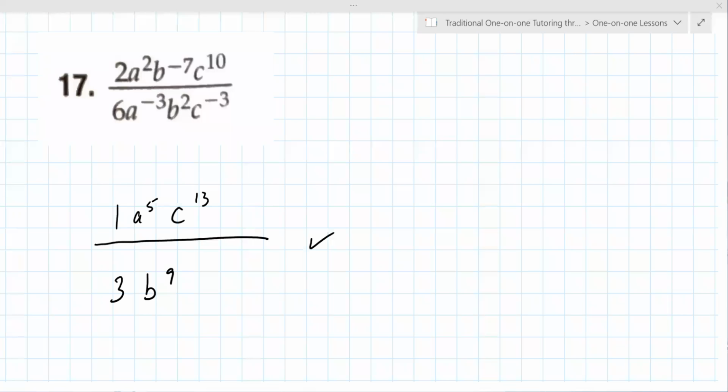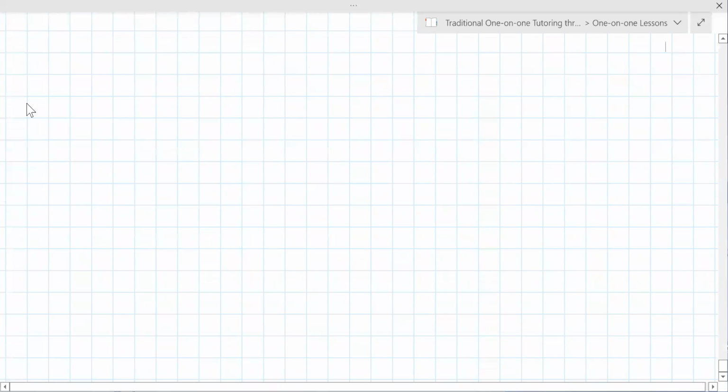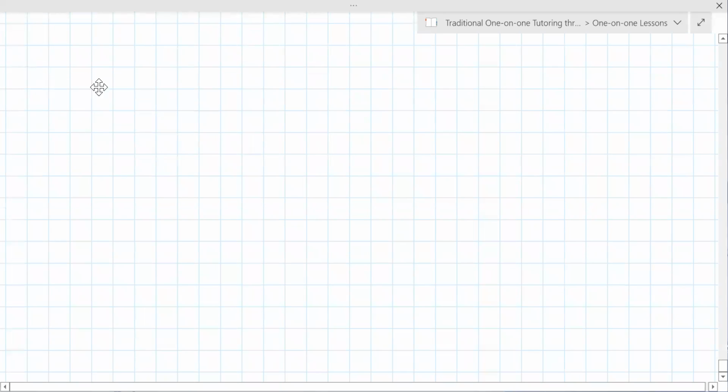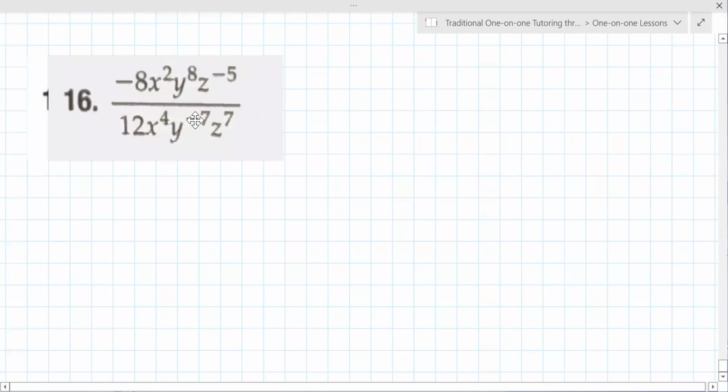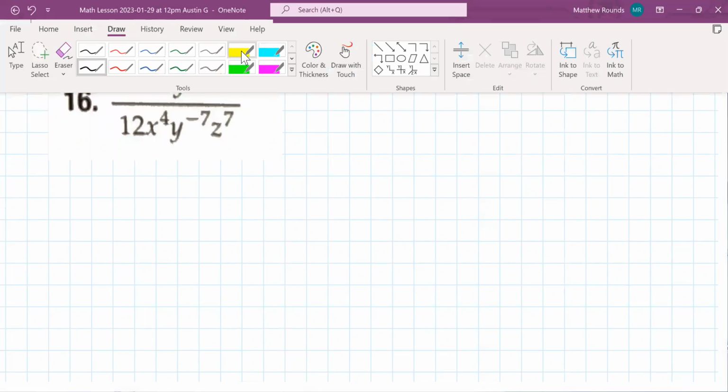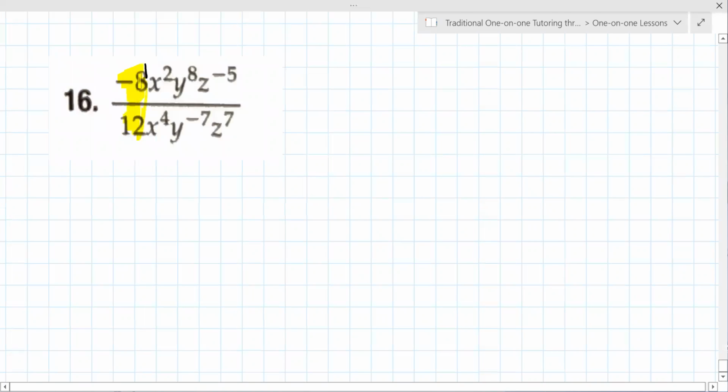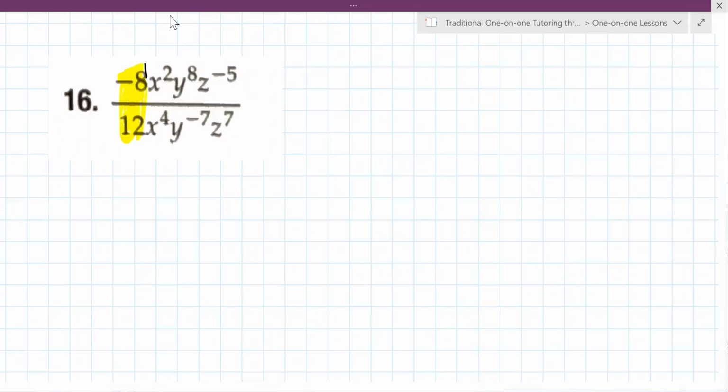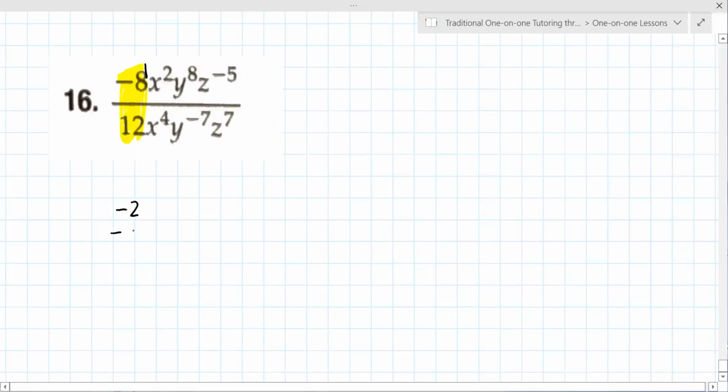There is one property we did not cover, but we really need to talk about negative exponents when there's actually a little more to cover here. So this negative in front only applies to the 8. You really should just look at this part together. So it ends up being -2 over 3, which is fine.